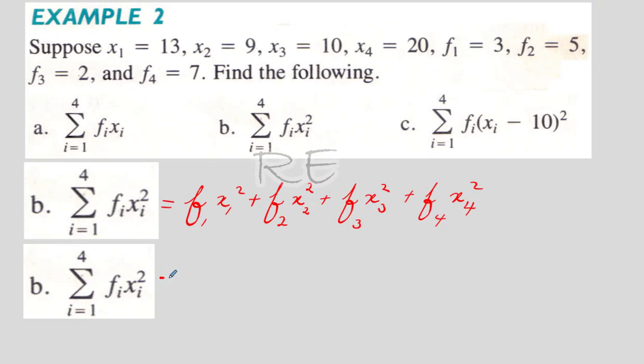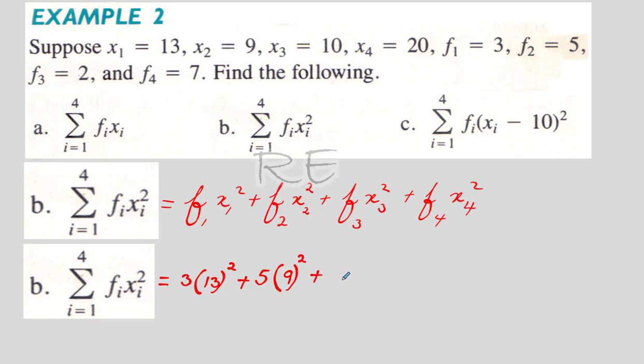For B, we're going to calculate the sum from 1 to 4 of f_i times x_i squared. So it's 3 times 13 squared, the first observation. The second one is 5, f2, times 9 squared, x2 squared.